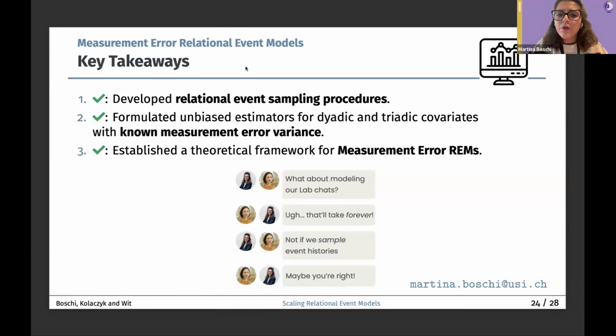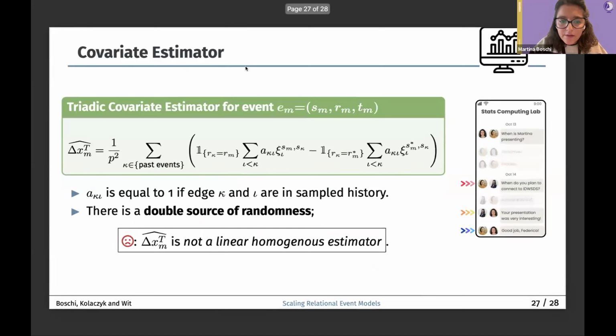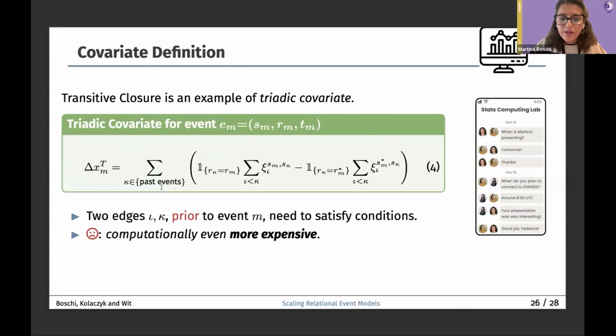Is the question about the computational cost? What is the speed up in computation? Yes, okay. So the idea is that according to the transitive closure, for example, I would need to do n operations for each previous event, and this is the order of the number of events that I need to go through.